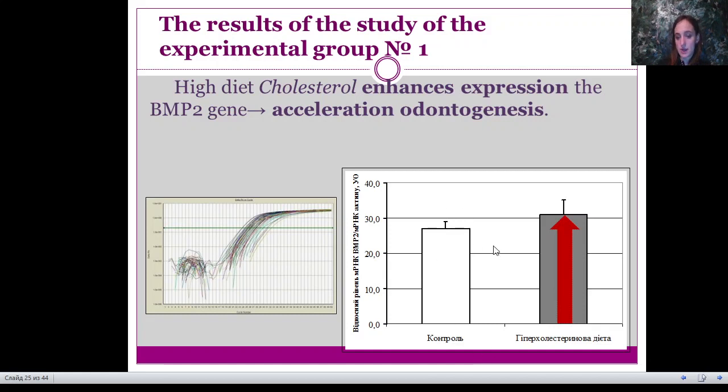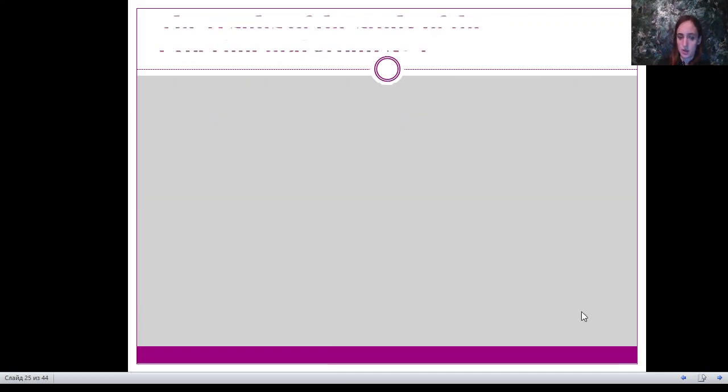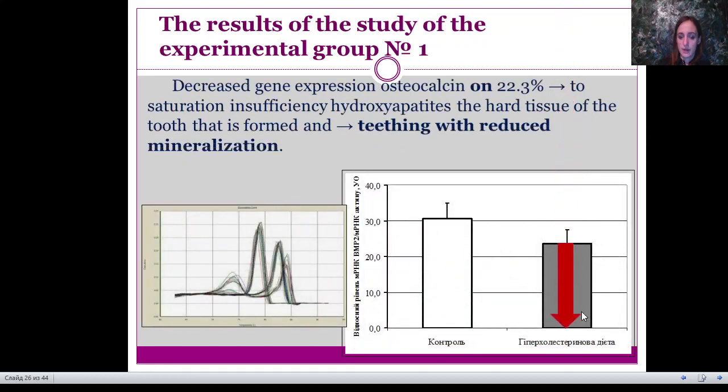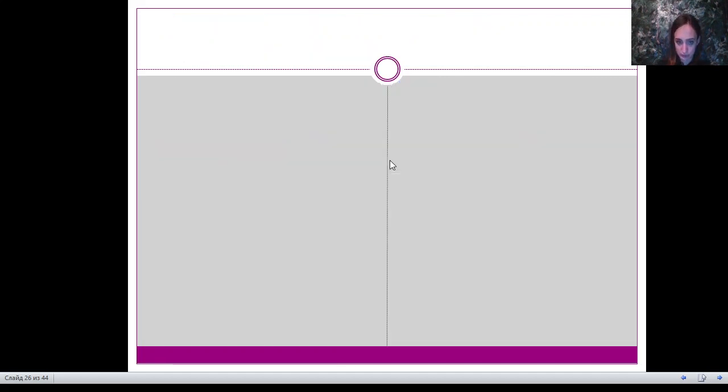Here it's control, and here it's results of the high diet cholesterol. Then here also control and a low hypercholesterol diet. And we have decreased gene expression and osteoclastin on 22 and 3%, with reduced mineralization.